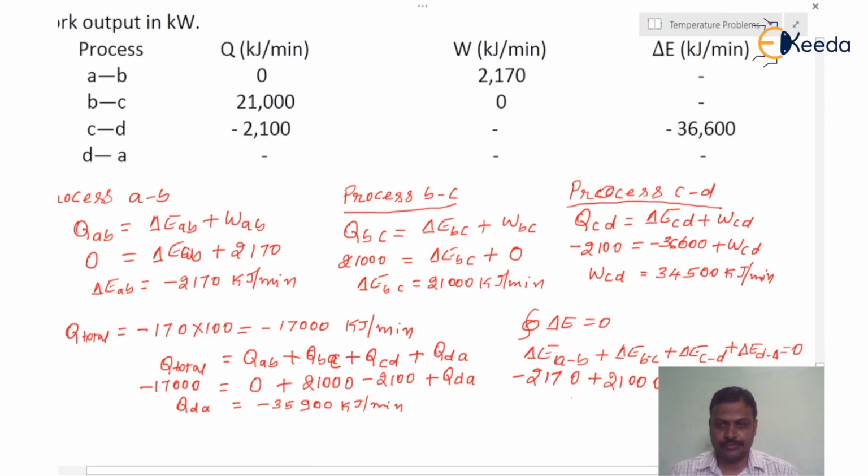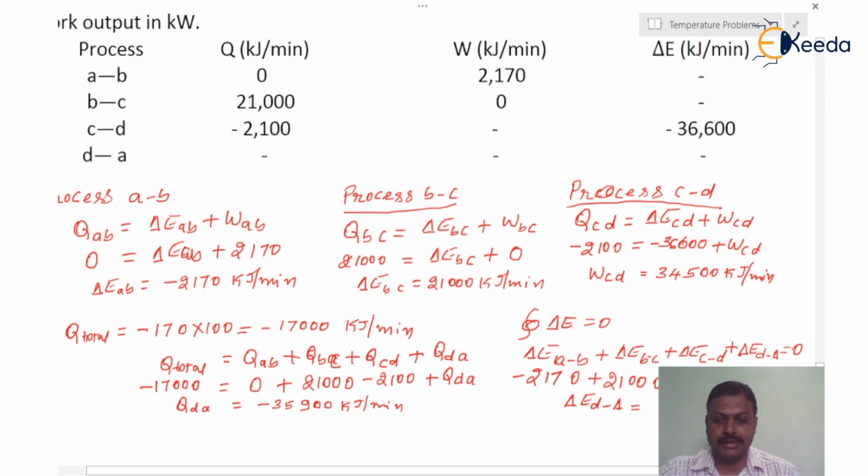So then delta E DA will be 17,770 kilojoules per minute.